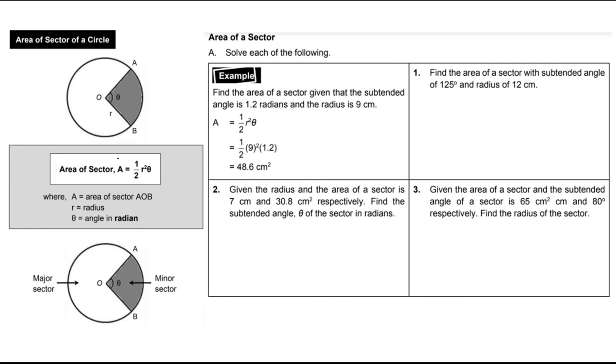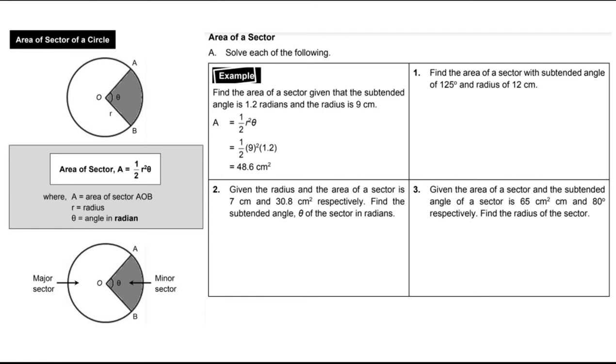To calculate the area, the formula is 1 over 2 r squared theta. A is the area of a sector, r is the radius of the circle, and theta is the angle, but we have to make sure that theta is in radians. The shaded region is what we call the minor sector, and here is the major sector.